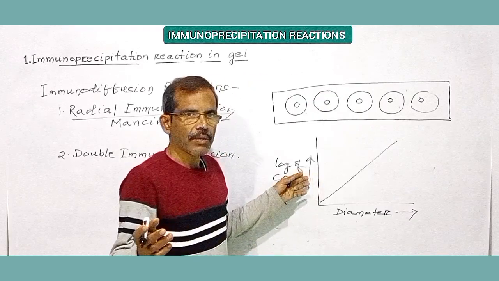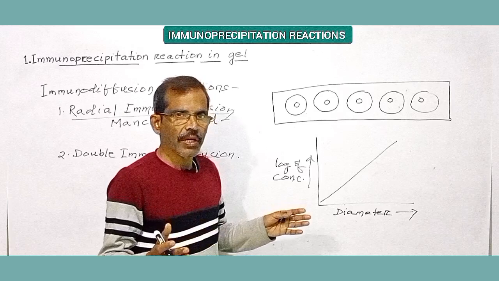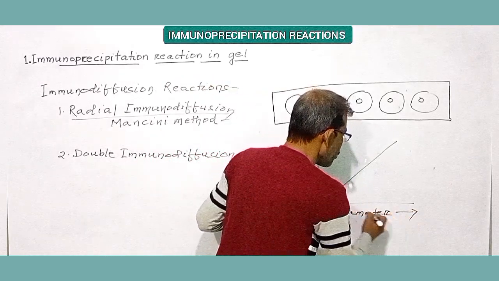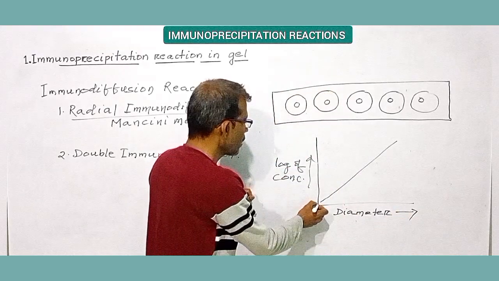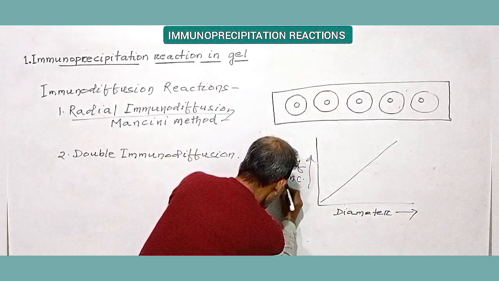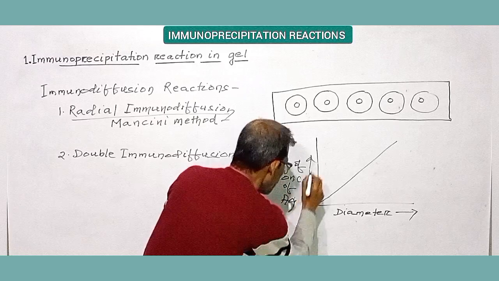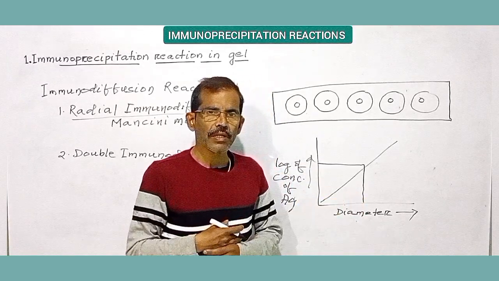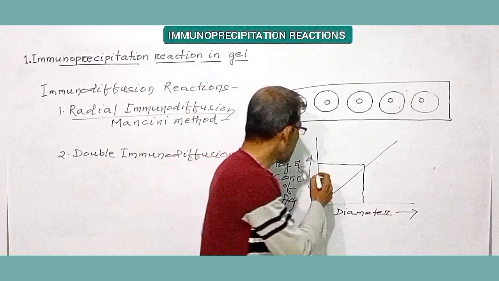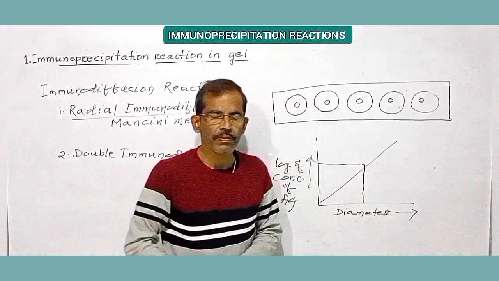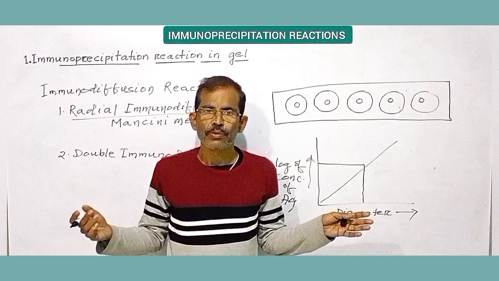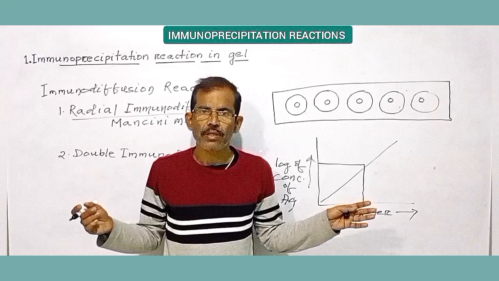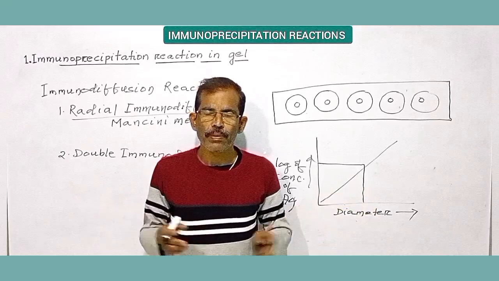A standard calibration curve is then plotted by taking the diameter of precipitin rings on the x-axis and the log of concentration of antigen on the y-axis. The concentration of antigen in the sample is determined from this calibration curve. Radial immunodiffusion is used to determine the relative concentration of antigen in a sample.